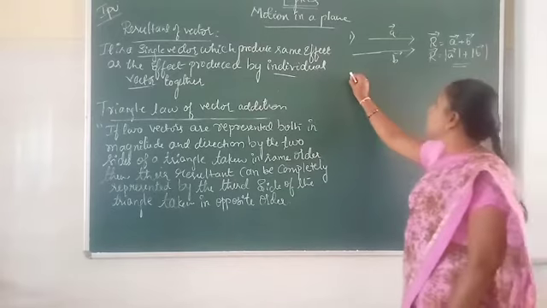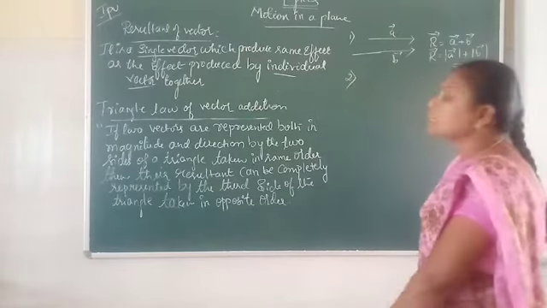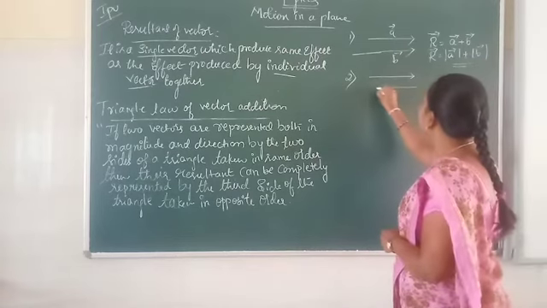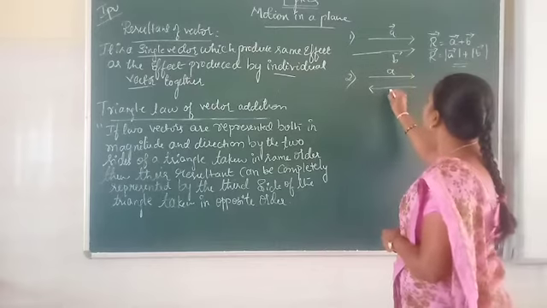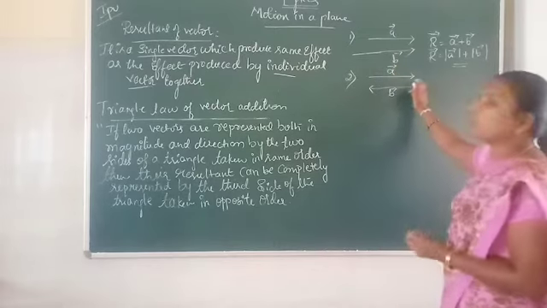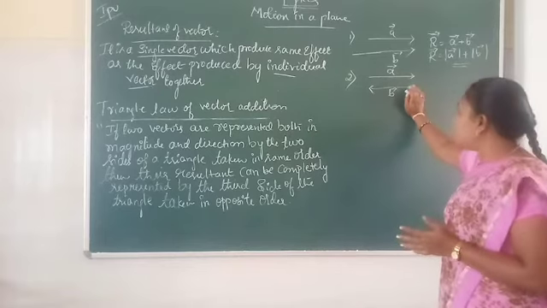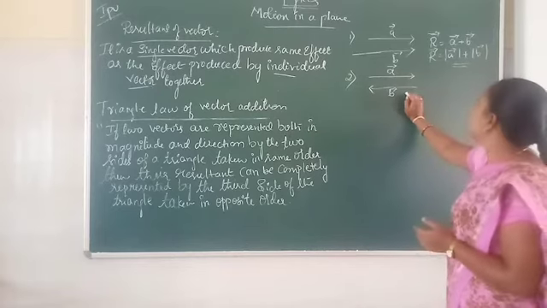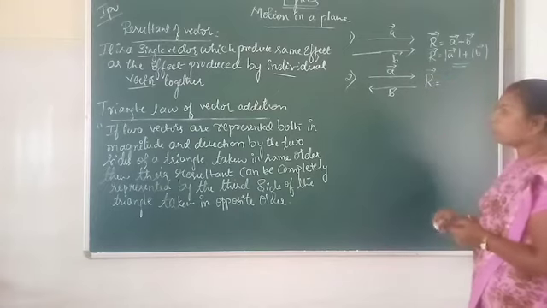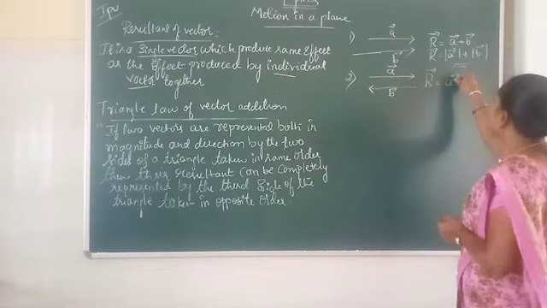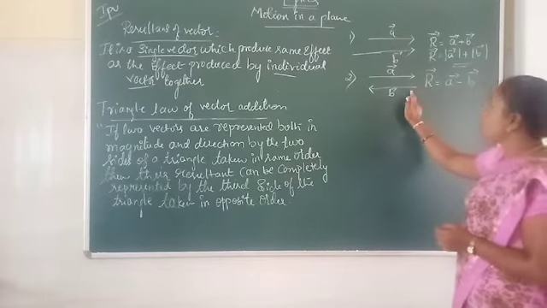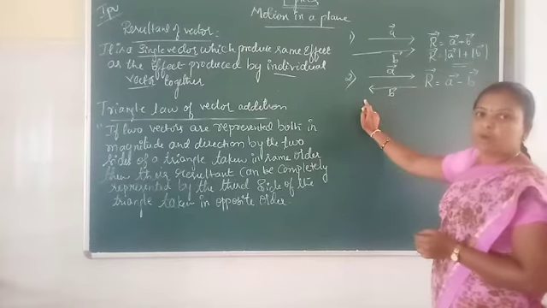Similarly, let us take vectors going in the opposite direction, vector A and vector B. The magnitudes can be the same, but the directions are opposite, so the resultant can be written as R equals vector A minus vector B. The negative sign indicates that the vector is going in the opposite direction.